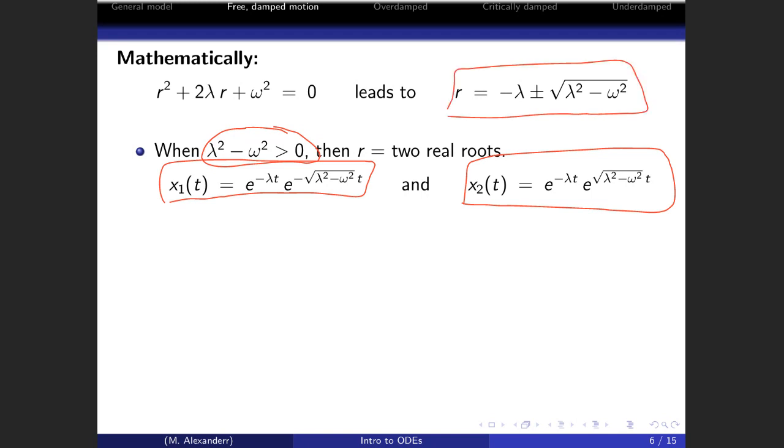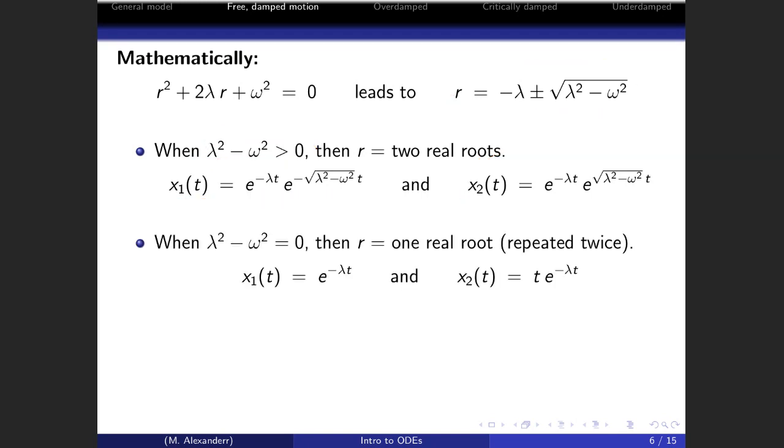Now the second situation, which is called the critically damped situation, or when the discriminant is equal to 0, then you only get one real number, and notice that the two functions are almost the same except that you have this extra t on the second solution. So these are the format of the solutions, and those are with the specific numbers given to us.